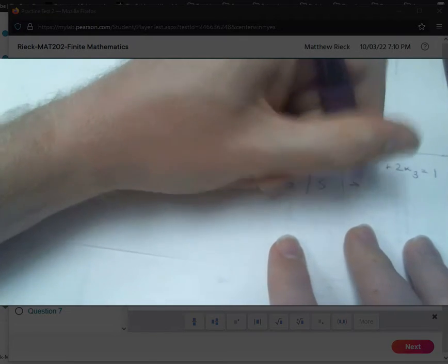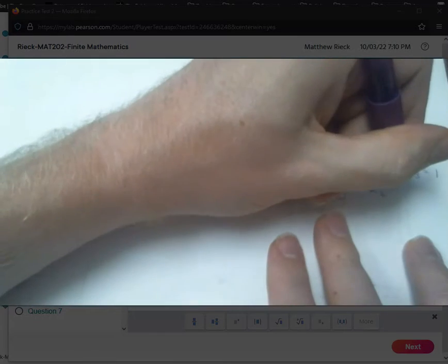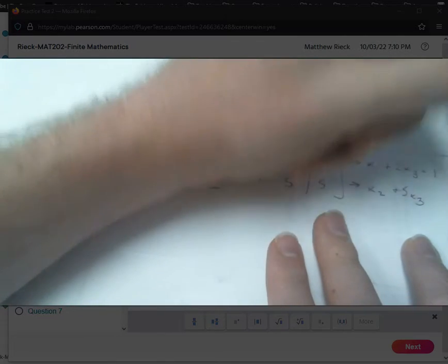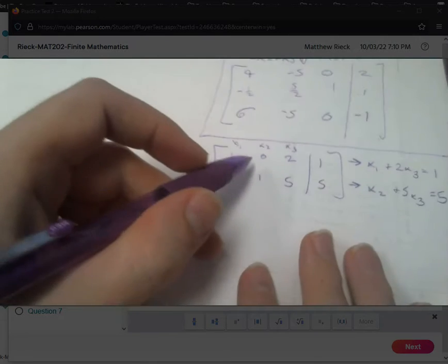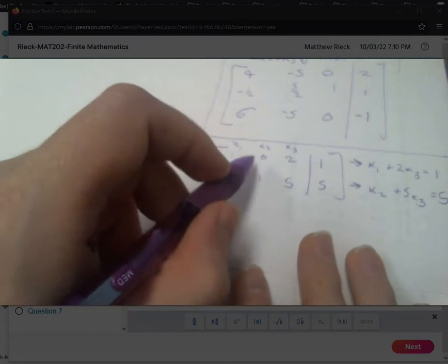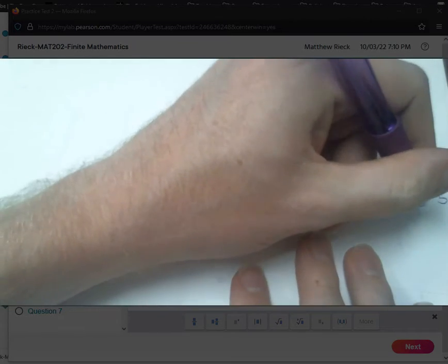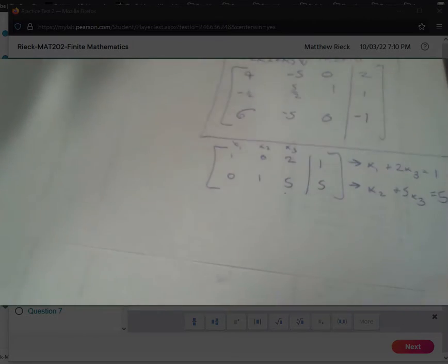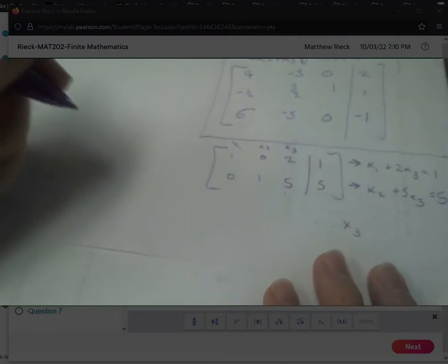And my second row here corresponds to the equation x2 plus 5x3 equals 5. All right, so you're going to use the ones that don't correspond to where you have ones on the diagonal. Those are going to be your quote-unquote wild cards. So in this case, you're going to have x3.